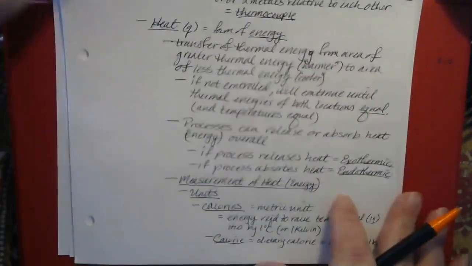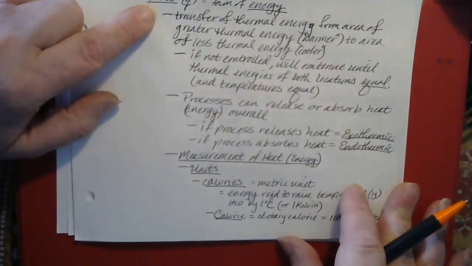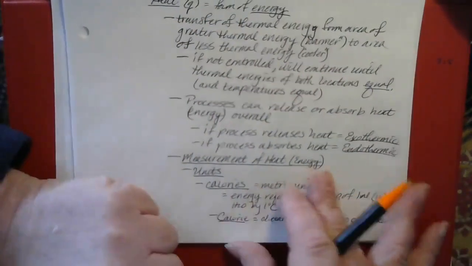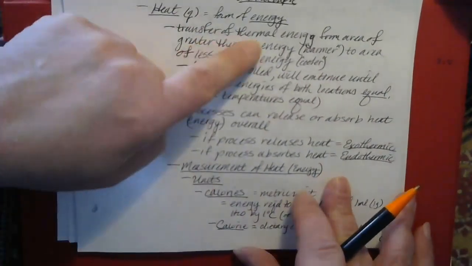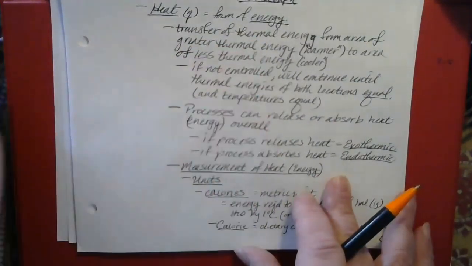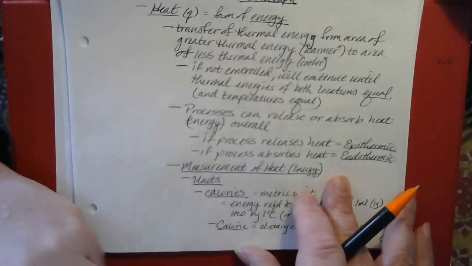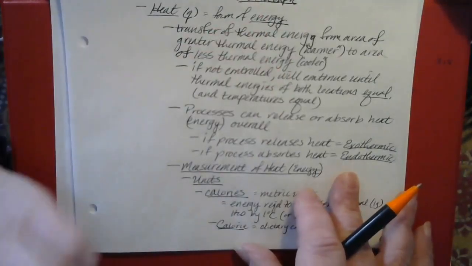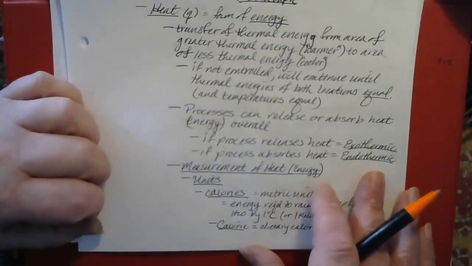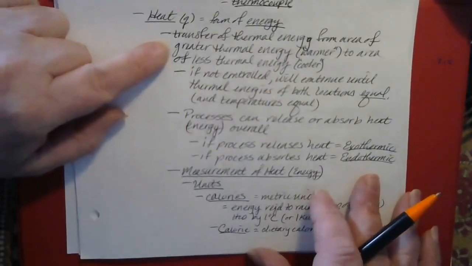Okay, heat now is a form of energy. Although technically heat refers to a transfer of energy, the word heat is often used for the thermal energy itself. So technically heat involves transfer of thermal energy, but in practice we often use it just to mean thermal energy.